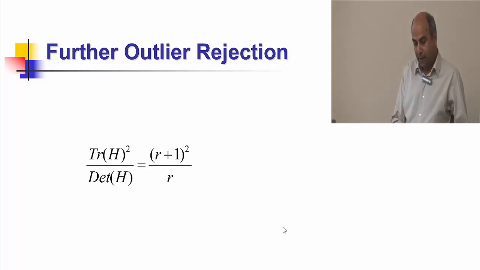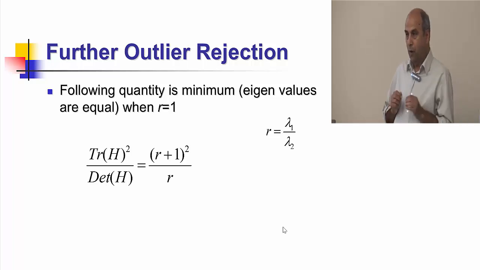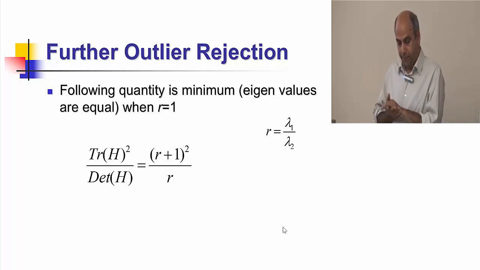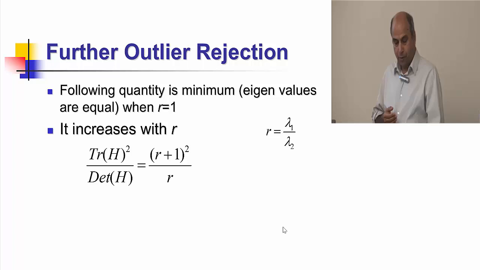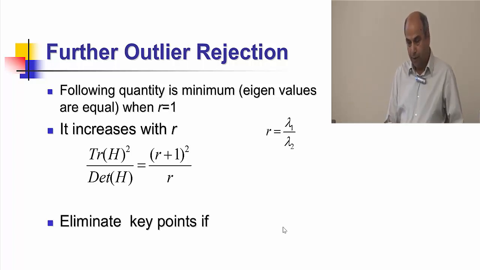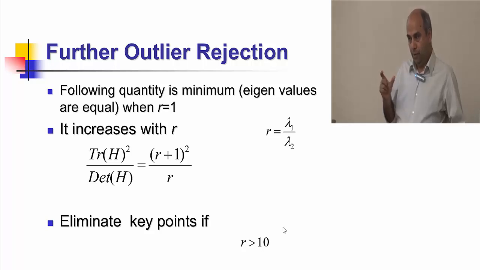So at the end, when R is 1, then these eigenvalues are the same because it's a ratio. Okay, and it will increase with R. So we want to eliminate the key points if R is greater than 10. Therefore in one direction the curvature is very high and the other one is very low. That we want to avoid, and those are mostly the edges.